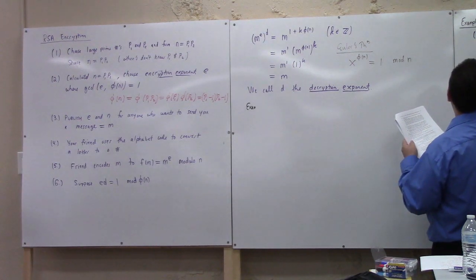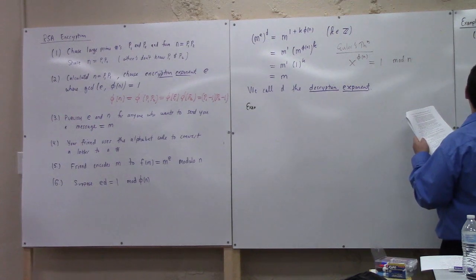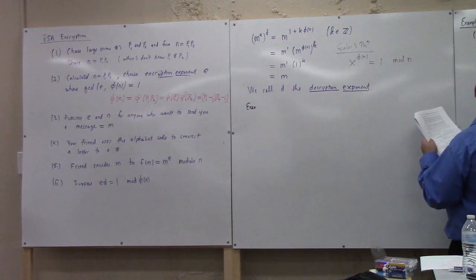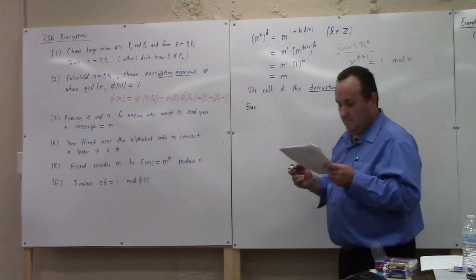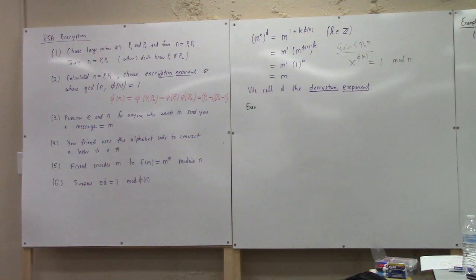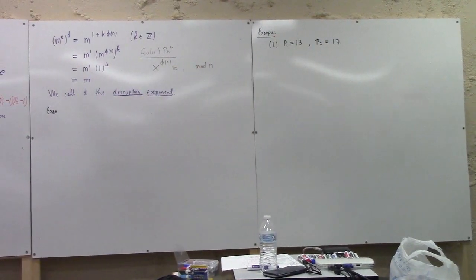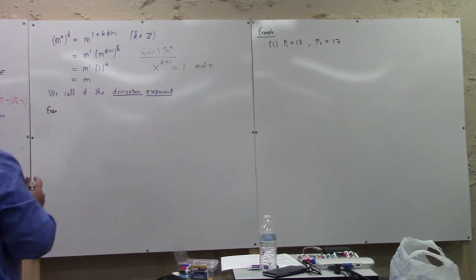This is going to be kind of a toy example, obviously. P1 equals 13, P2 equals 17. With those being our primes, that makes n, P1 times P2, equal to 221.